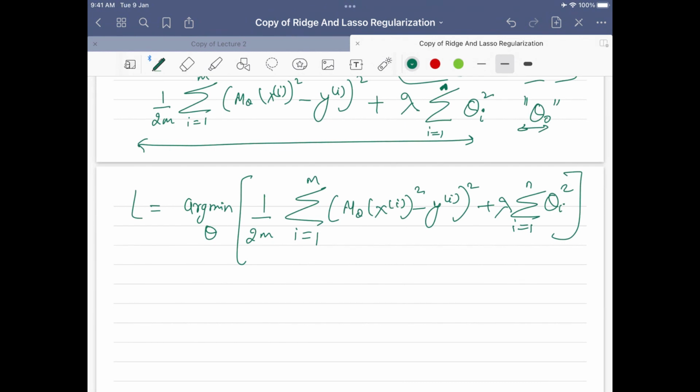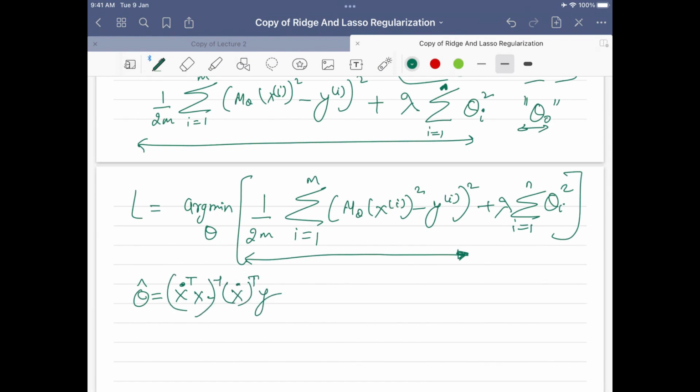Earlier you had this loss function, and corresponding to that we already discussed the value of theta which we got last time: x transpose x inverse x transpose y.